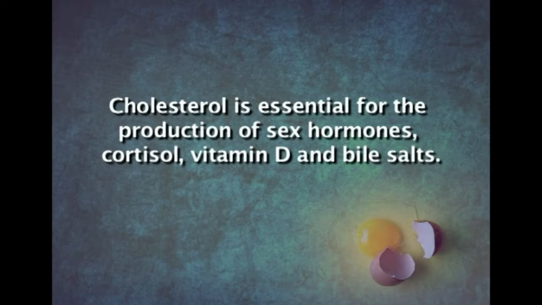Cholesterol helps to maintain the flexibility and permeability of cell membranes and is also a raw material for the fatty lubricants that help to keep the skin supple. Cholesterol is essential for the production of various sex hormones, cortisol, vitamin D and bile salts. Now, lecithin is involved in general lipid transportation in the blood and in the metabolism of cholesterol.